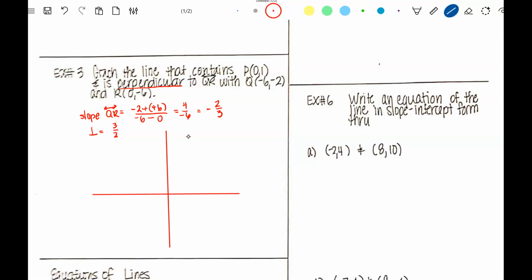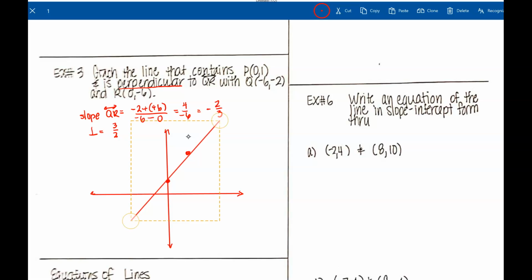So then when I graph, it goes through 0, 1, and it goes up 3, right 2. This is the line that goes through 0, 1 and is perpendicular to line QR.